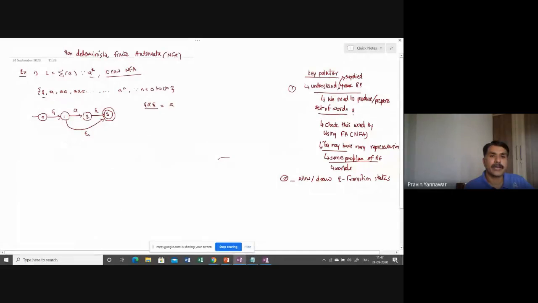So for this A, my path is 0, 1, 2, and 3. Now for getting epsilon, my path will be 0, 1, and 3. If I use 0, 1, 3, I'm going to get epsilon here.